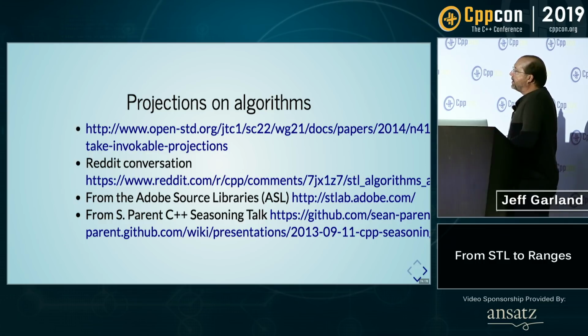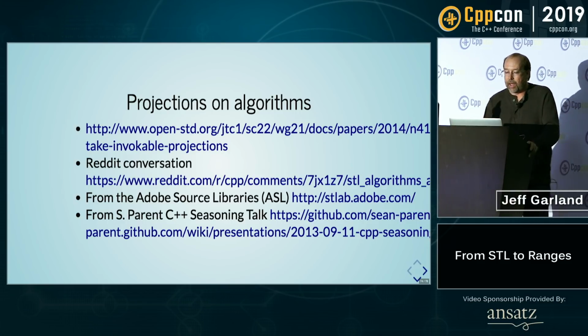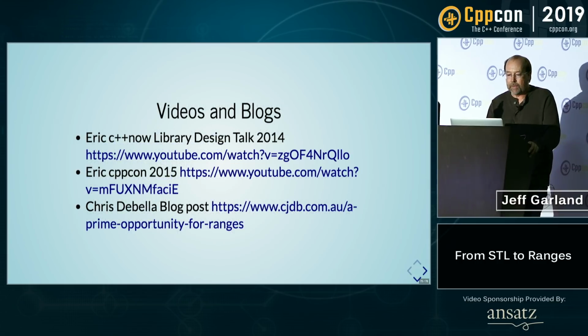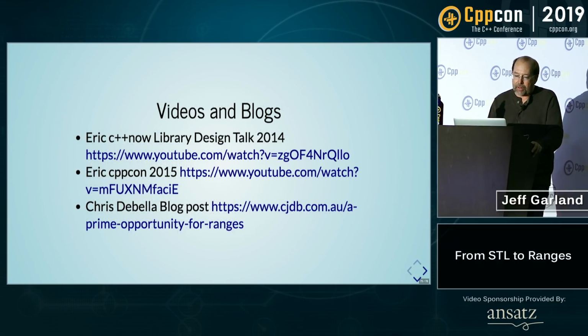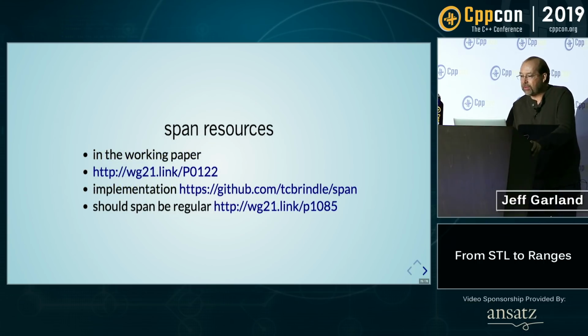The 2014 paper talks a lot about it. There was a recent Reddit conversation that I linked here, and Sean Parent's talks are always worth the time. And then some more videos and blogs. Chris, who's just stood up a minute ago, wrote a nice blog post a while back and so forth. And there's some links to the span resources.